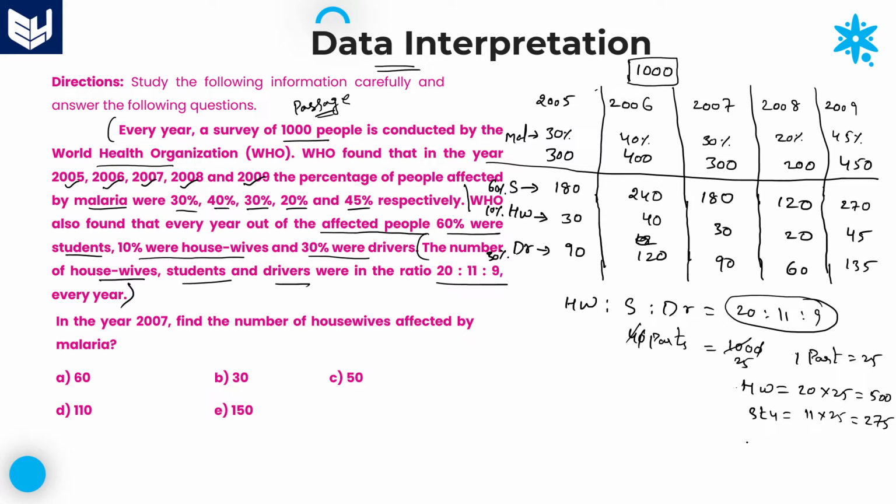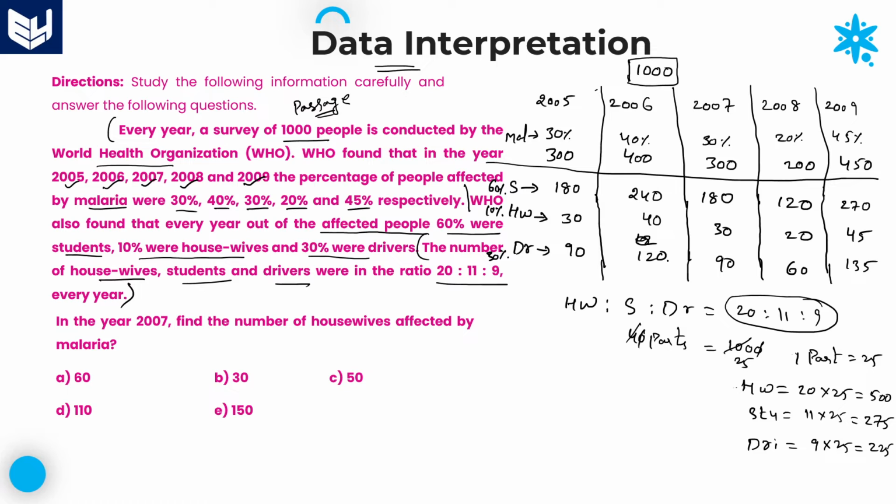And next, total number of drivers, that is 9 parts, 9 into 25, 225. Total number of people are 1000. Out of that, 500 members are housewives, 275 members are students, 225 members are drivers. This is the complete information that we have calculated.